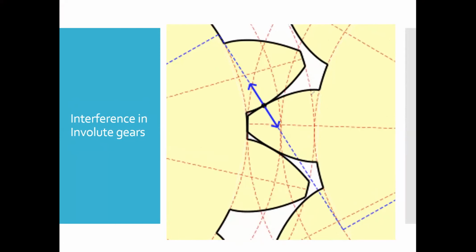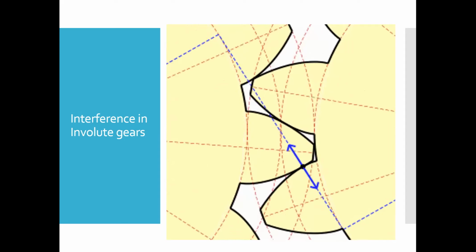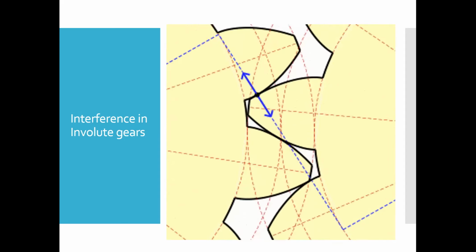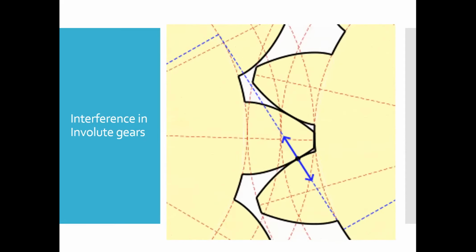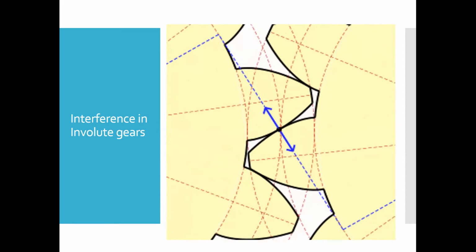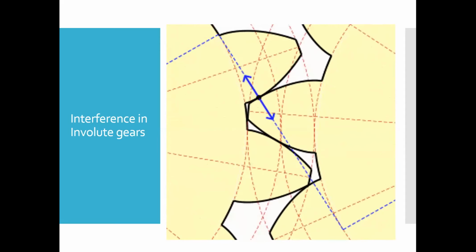Whenever the tooth undercuts the root circle of the mating teeth, that is known as interference. And we need to avoid interference. For that, we have one technique: we can calculate the minimum number of teeth based on the size of the gear.